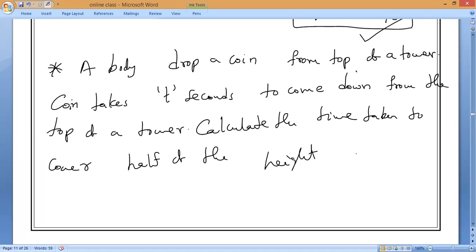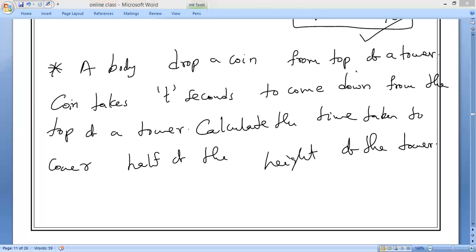So it should not reach fully. Yes or no? Yes, sir. Have you understood this question? Please respond, everybody. Yes, sir.